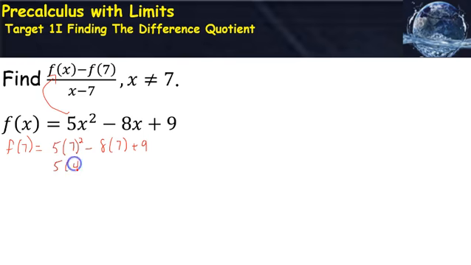So 5 times 49 minus 56 plus 9. Well, 5 times 49, 5 times 40 is 200, and 5 times 9 is 45. So I believe that is 245 minus 56 plus 9.